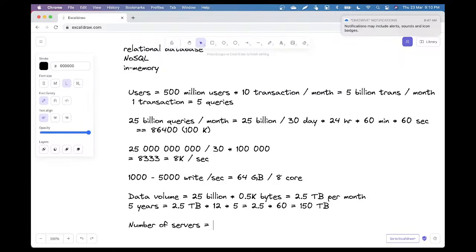So again we have some data, like we have 500 million users. Let's assume every user is logging in or using the Paytm app twice a day.